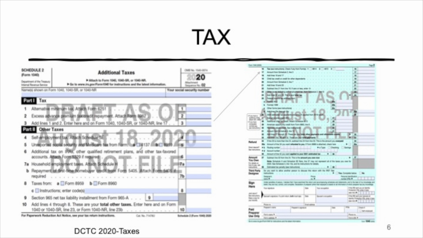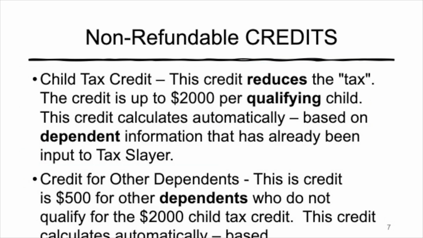We're down to line 19 now, child tax credit and credit for other dependents. As the slide indicates, the mentioned credits have to do with dependents, and it also signifies that these 2 credits reduce the tax liability only, meaning these are non-refundable credits.